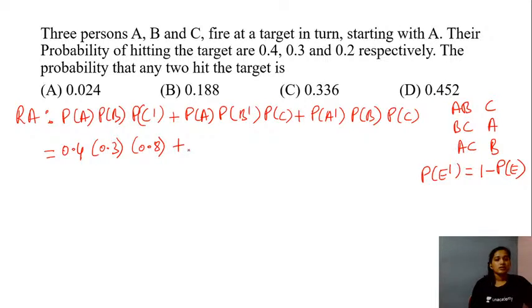Plus the probability of your event A, which is 0.4, probability of your B complement would be 1 minus probability of B, 1 minus 0.3, this is 0.7 into probability of C, which is 0.2. Plus the probability of your event A complement 1 minus 0.4, which is 0.6 into probability of B, which is 0.3 into probability of your event C, which is 0.2.